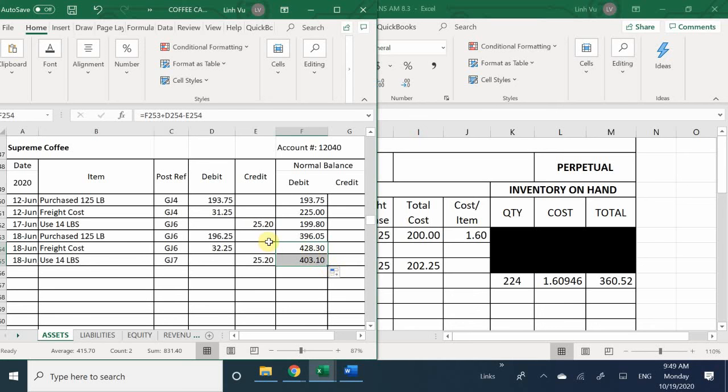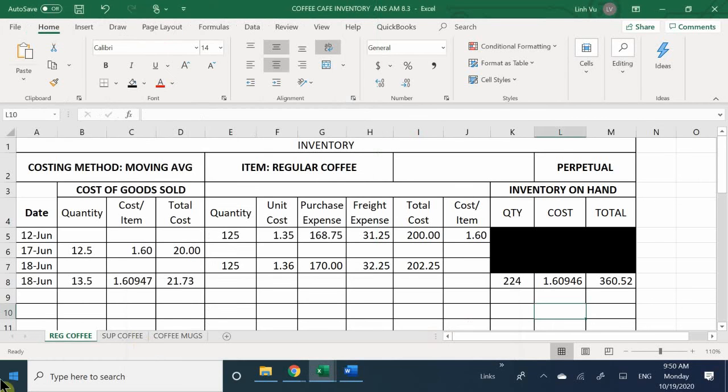I did not get 423.10. Oh, I'm subtracting. 403.10. And where do we see that number pop up again?